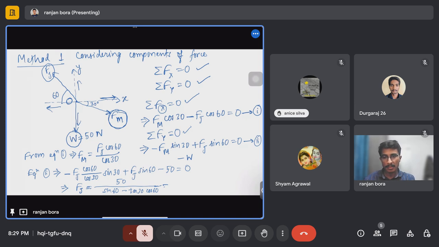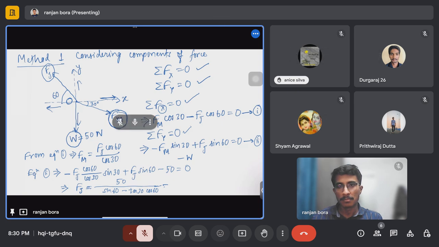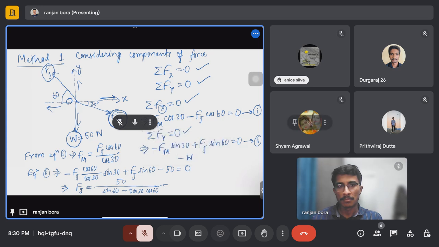Has anyone calculated? Anyone found out this?